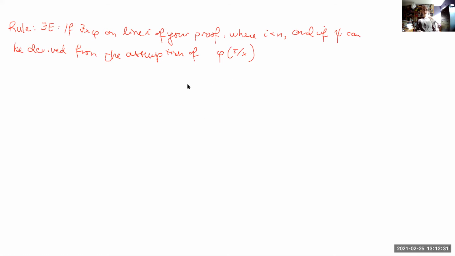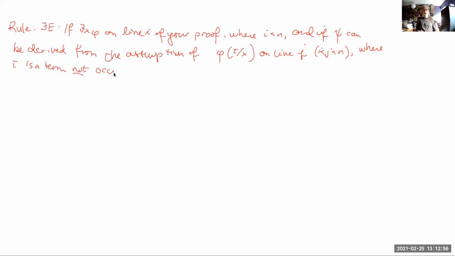So I've taken away the quantifier and then I've done this substitution. So if I assume this on line j, again, where i comes before j and j comes before n, and then here's the important proviso, it has to be the case that tau is a term, two things.